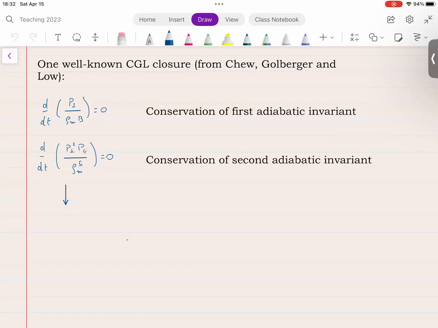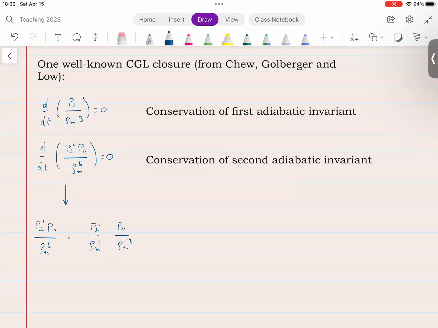You can see that I can write P perp squared P parallel over rho to the 5th as P perp squared over rho squared times P parallel over rho to the 3rd power.